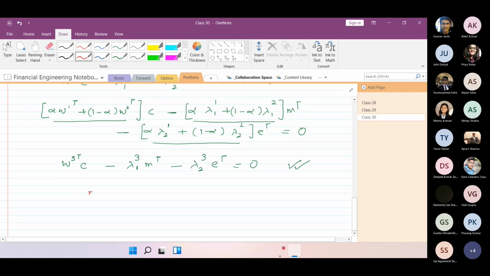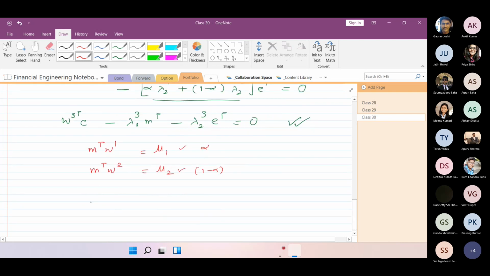We have the second equation. This second equation from solution 1 and the second equation from solution 2, again multiplied with alpha and 1 minus alpha scalars, then I can write it as, yes or no?